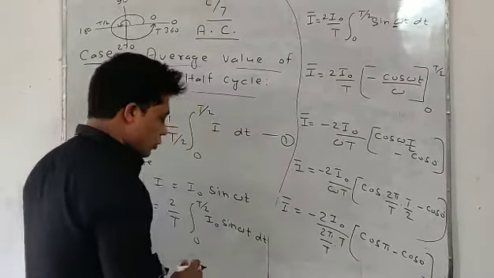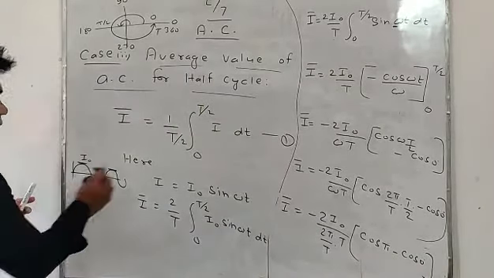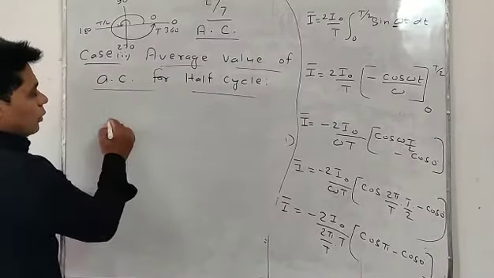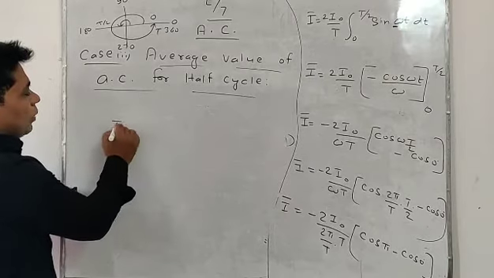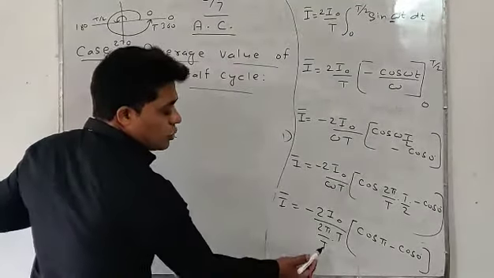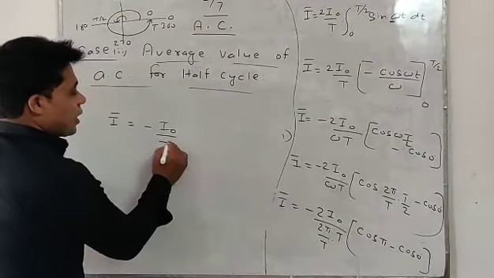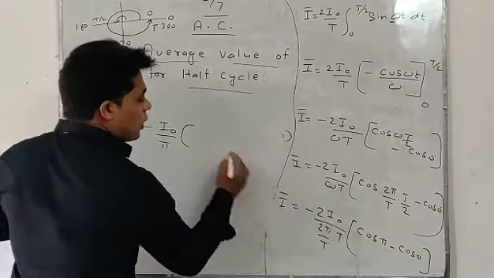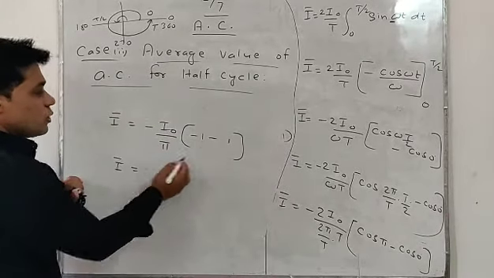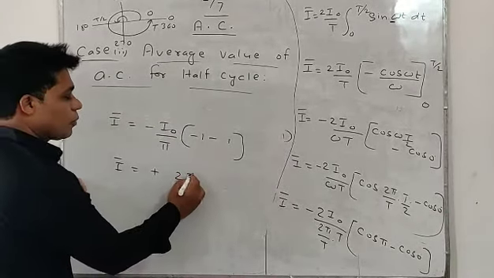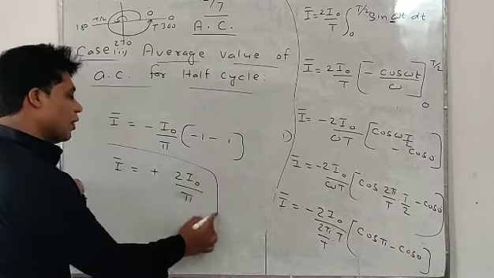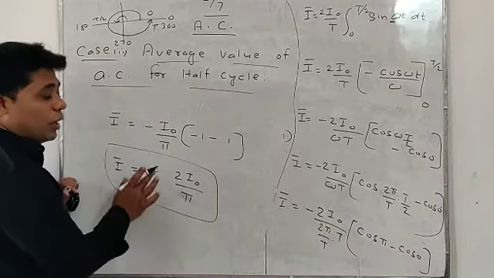So I bar equals minus I naught upon pi, cos pi minus 1, cos 0 is 1, so minus 1 minus 1 is minus 2, minus minus plus, so 2 I naught upon pi. This will be the value of alternating current for the half cycle.